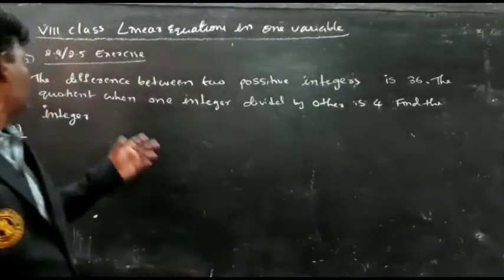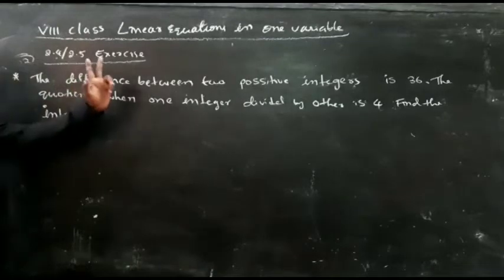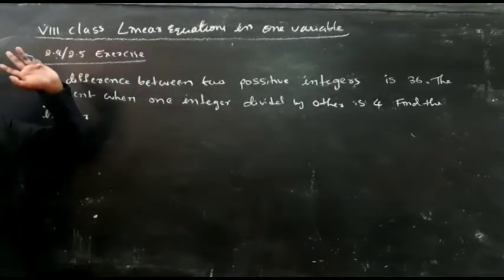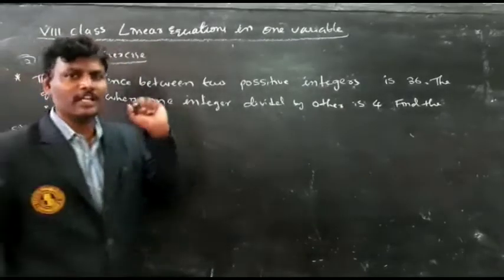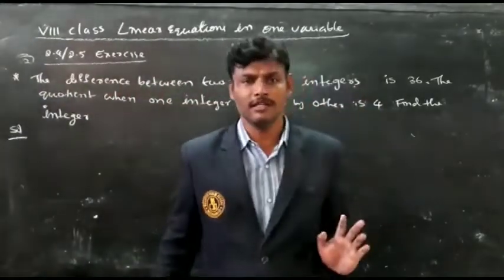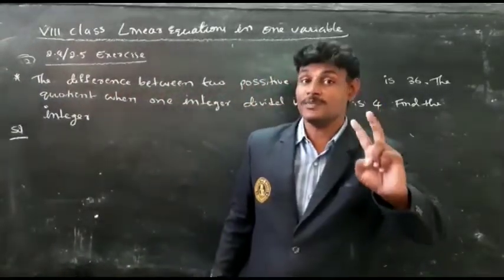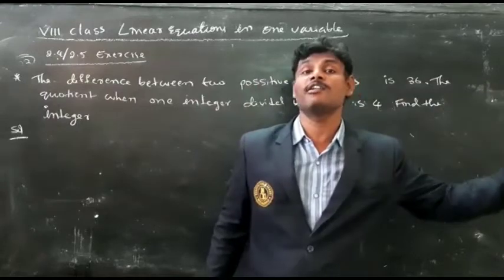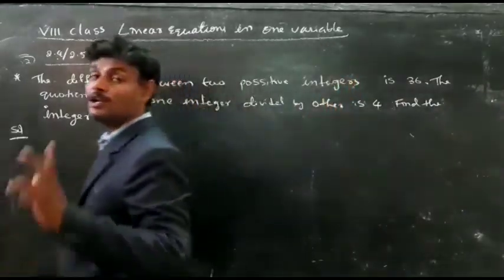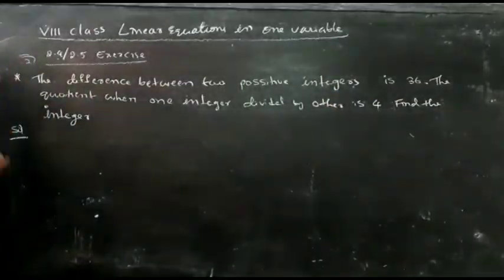Next, the difference between two positive integers is 36. It means there are two integers, I don't know what they are, but the difference between the two integers is equal to 36. So from the two integers, I am taking one as x.